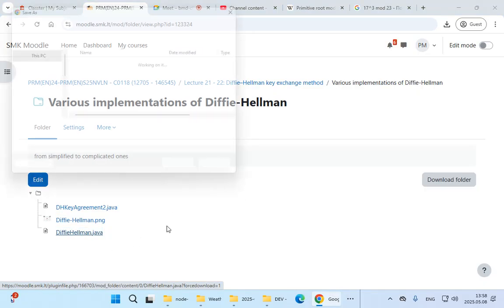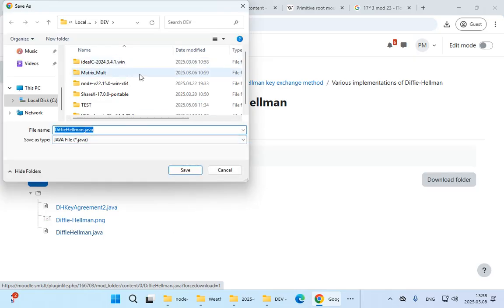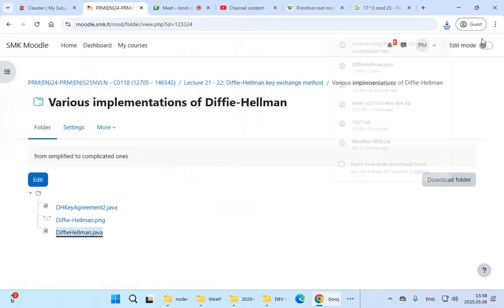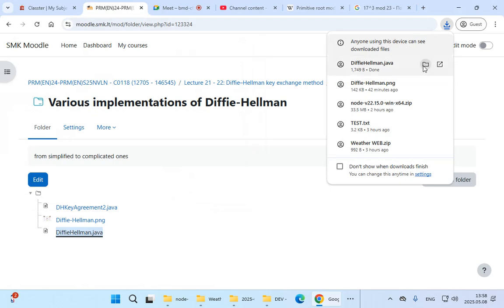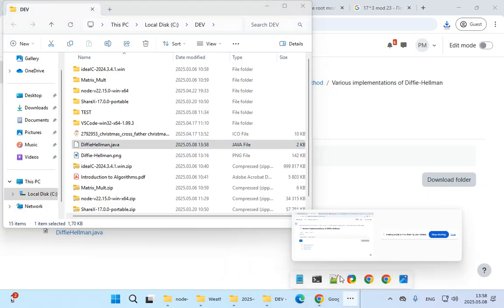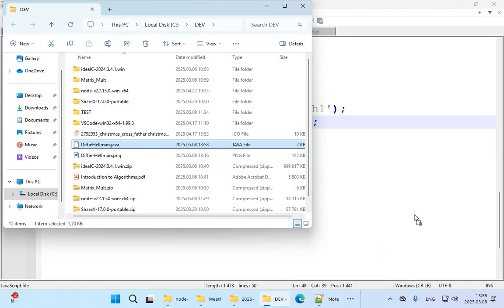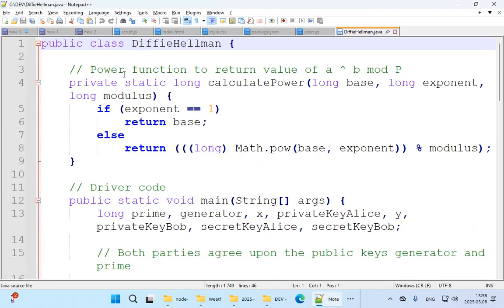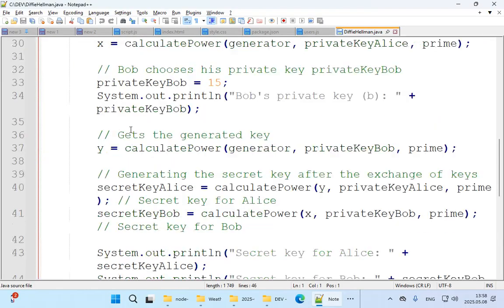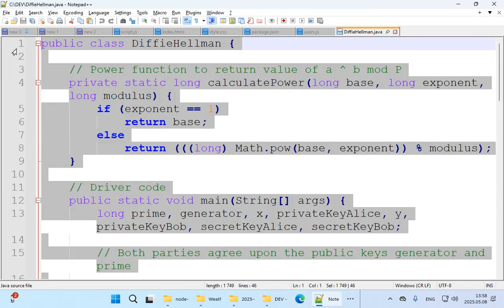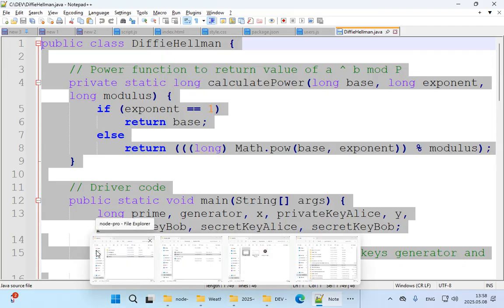Let us download it and open it in Notepad++. So this is the code, and we can launch it in Java. Let us copy that, and let us launch it in Java.